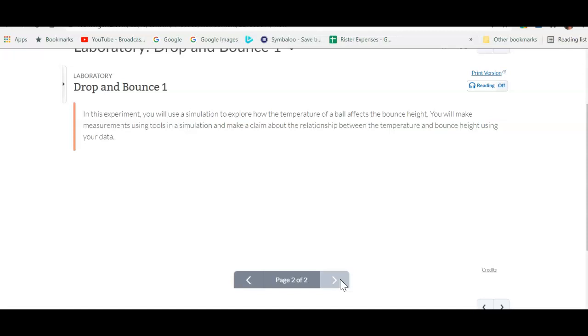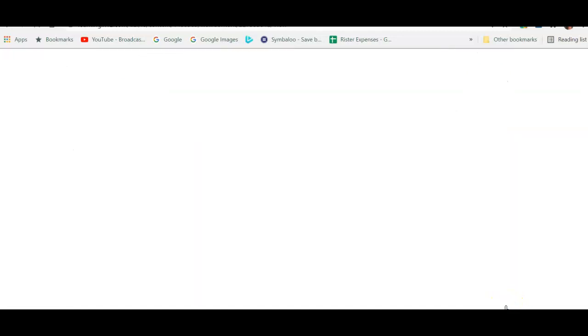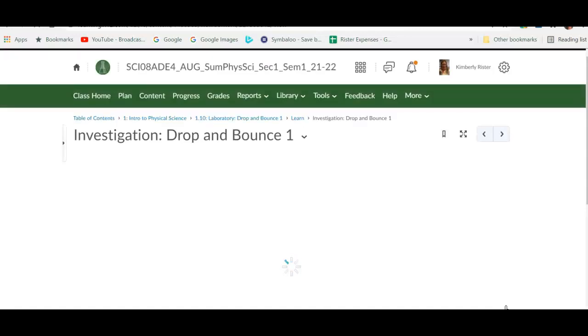So you're just watching the simulation coming up in the next few screens. And we're going to make measurements using tools in a simulation and make a claim about the relationship between the temperature and the bounce height. So how do those things maybe work together or cause a difference?